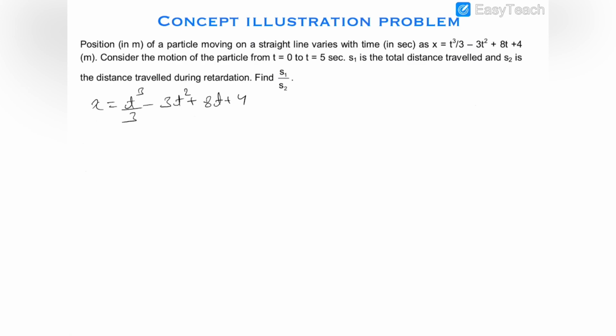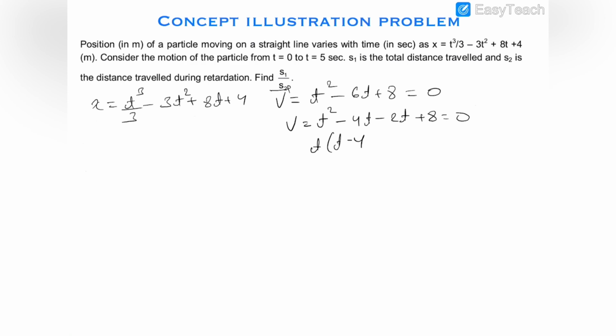So first of all, you can see that there is a negative sign here, so we must find the equation of velocity first. It would be t square minus 6t plus 8, and if you equate it to 0, you can see that it is t minus 4 into t minus 2 equal to 0.